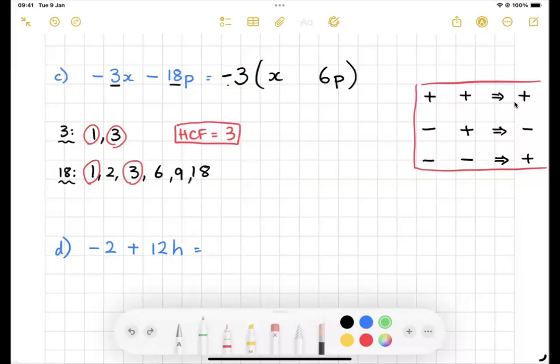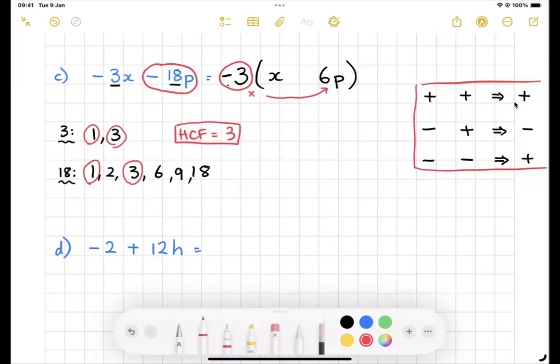How do I figure that out? Well, think about it. I have a negative 3, and I need to multiply it by 6p to get a negative number. So negative 3 times 6p gives me negative 18p.